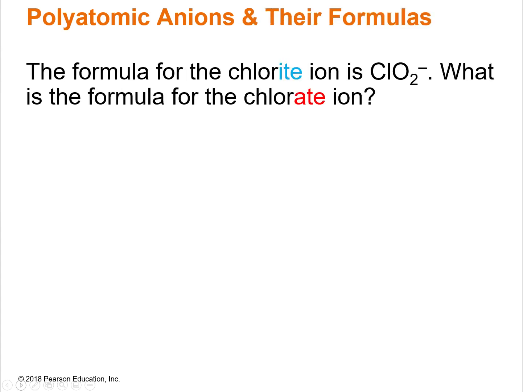So just as a bit of practice, the formula for chlorite is ClO2 minus. What is the formula for the chlorate ion? The chlorate is going to have one more oxygen.